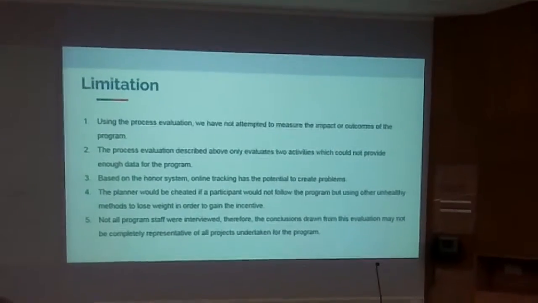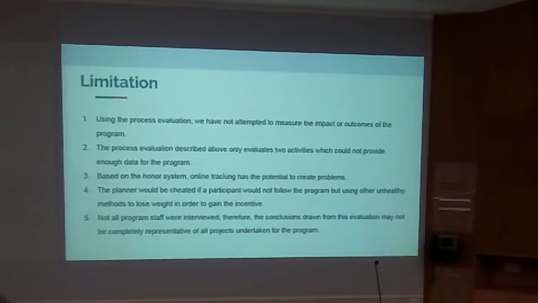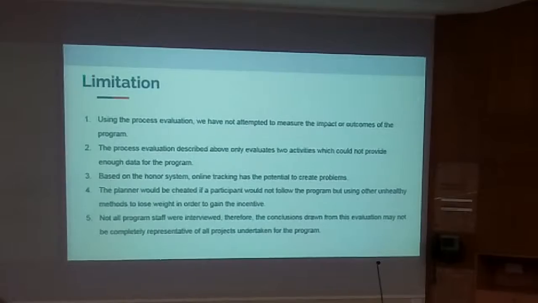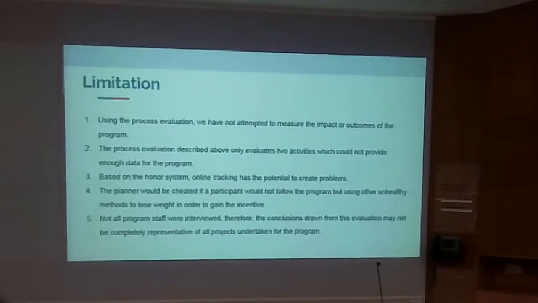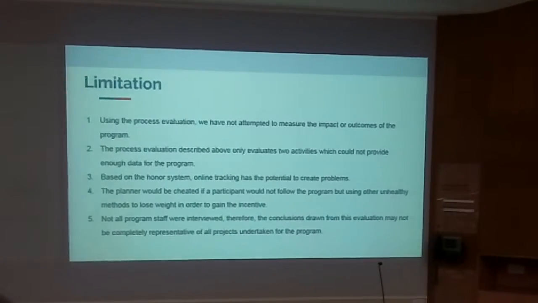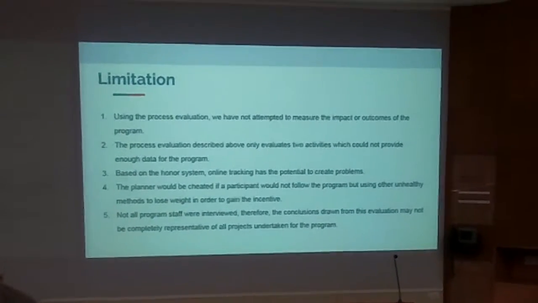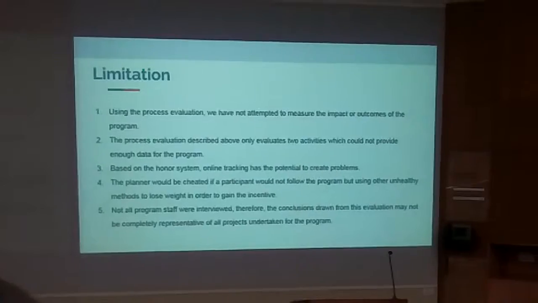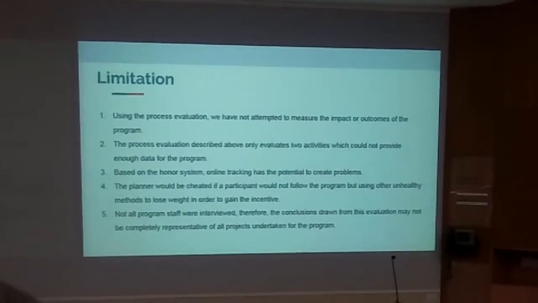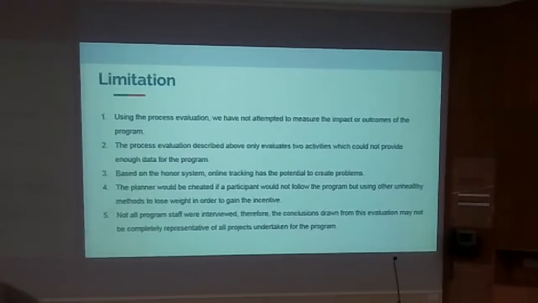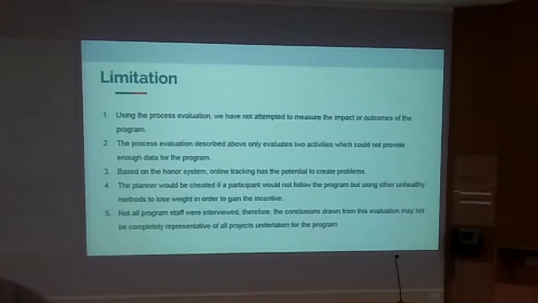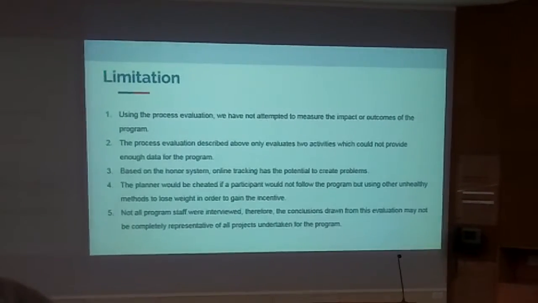Two other important limitations are that all our checking forms and questionnaires are based on the honor system, so it may create some potential problems. For example, if a participant did not follow the program method but used other unhealthy methods to lose weight in order to gain the incentive, the planner would be cheated.